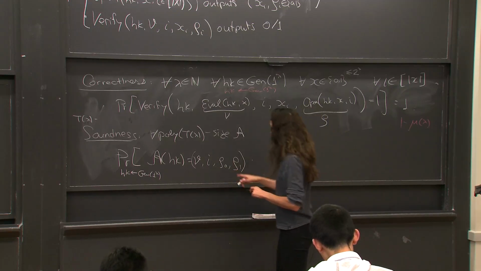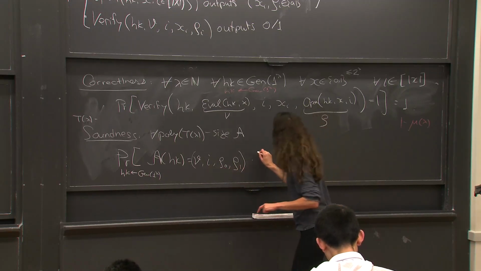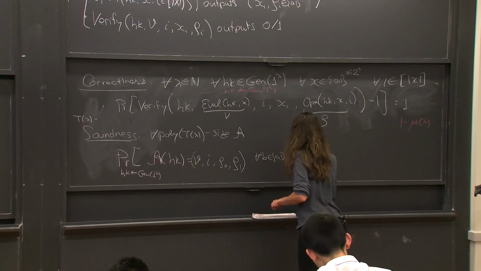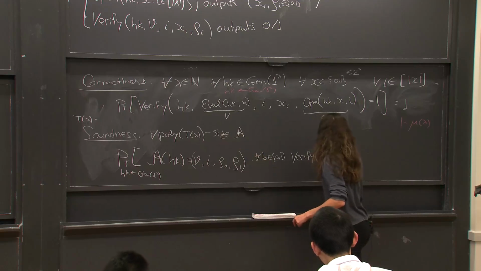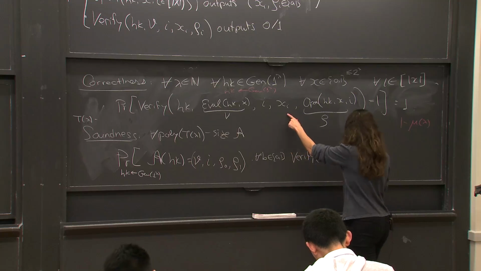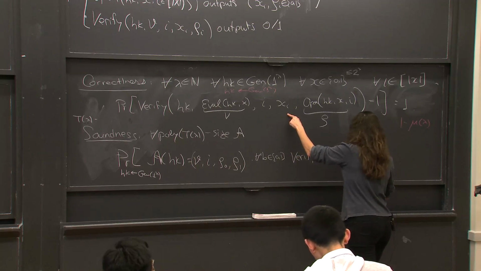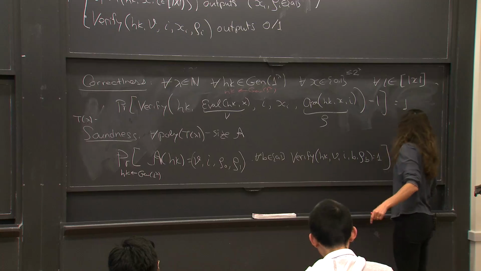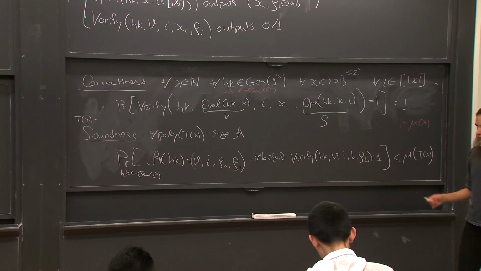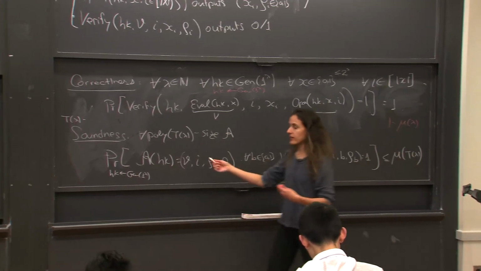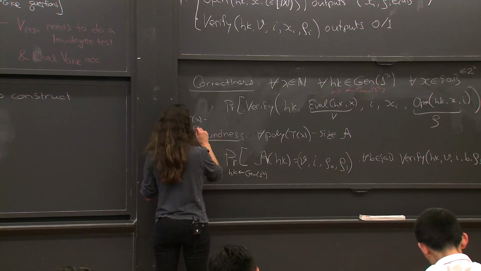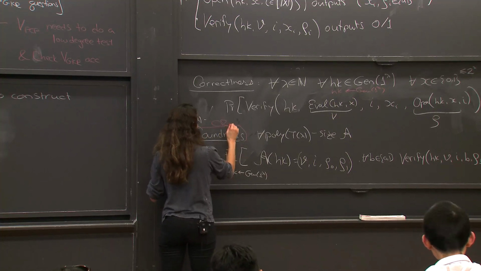And the probability that both of them are valid openings, that for every b in {0,1}, Verify given hash key, v, i, b, and rho b outputs 1, is negligible. Soundness is like collision resistance in this setting. Usually people call this property collision resistance.